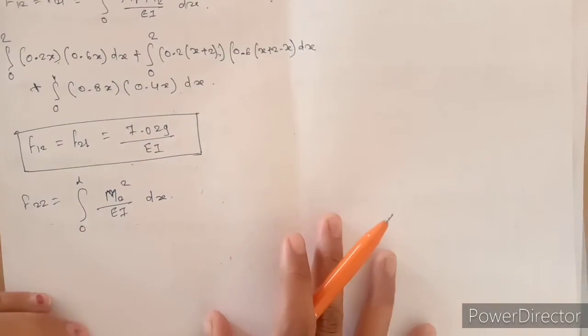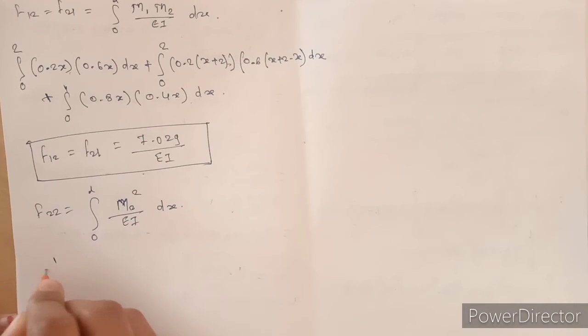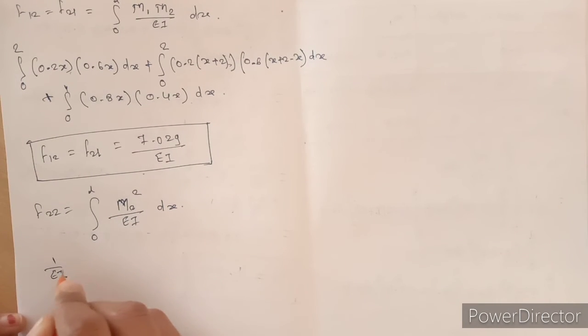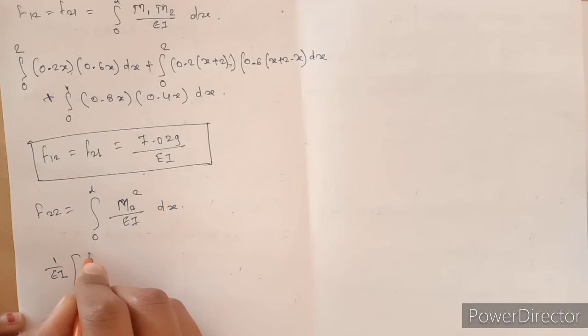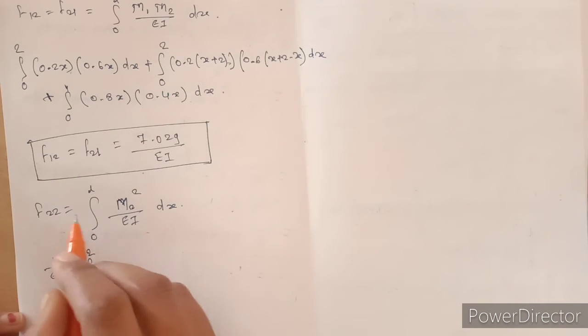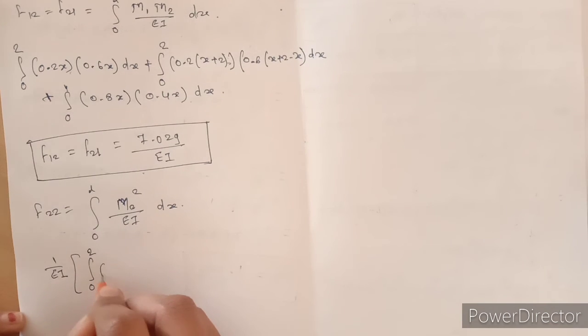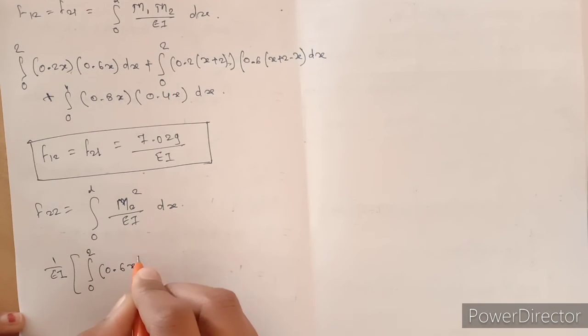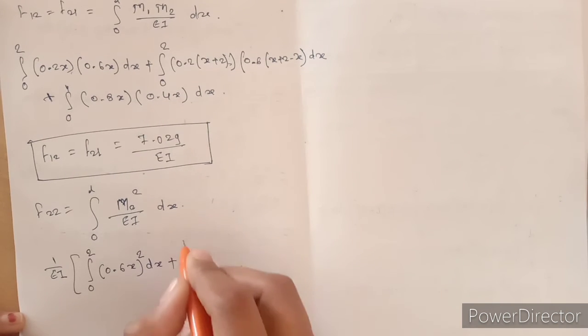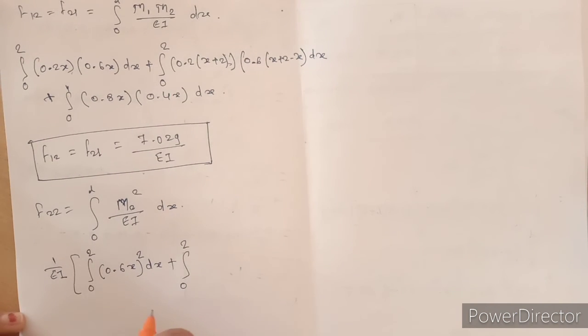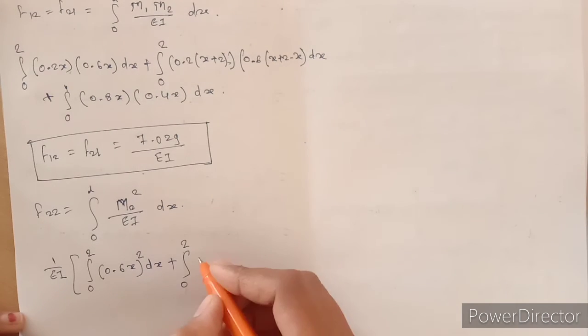So here EI is constant. In bracket, integration, put 0 to 2 limit for the CD zone. So m2 is 0.6x bracket square into dx, plus integration, put limit 0 to 2 for the BC zone.